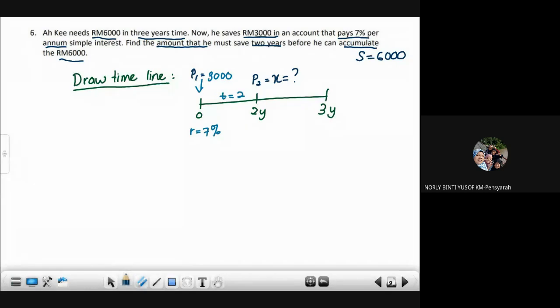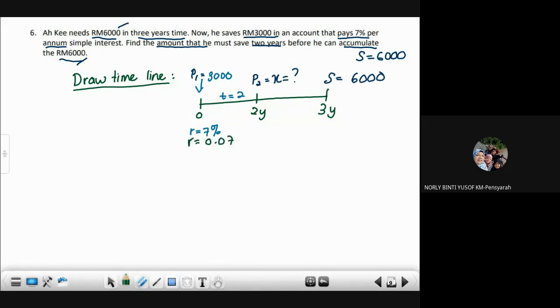Okay, Aki needs 6,000 in 3 years, tempoh masa keseluruhan ni lah, T 3 tahun dia, yang accumulate dia adalah 6,000. Ni nilai dia sama. Ni dengan ni, nilai dia sama S. So, T dia adalah 3. Okay, so kat situ kita tengok R ni boleh tukar juga, siap-siap 0.07.